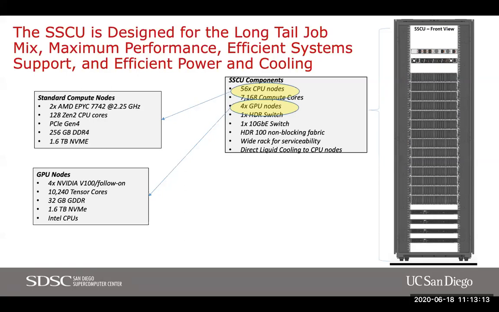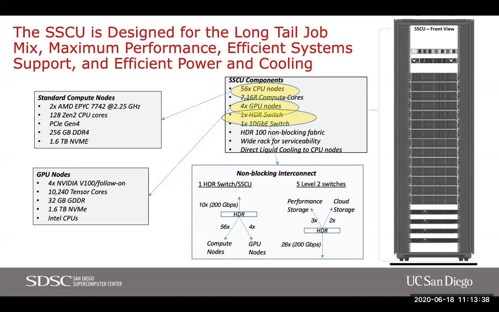It's 32 gigabytes of memory on the GPU and 1.6 terabytes of NVMe. That one's accurate. It's on each GPU node. And the GPU nodes are going to have Intel, I think 6248 Xeon processors with 20 cores each, so you're going to have 40 cores per GPU node.